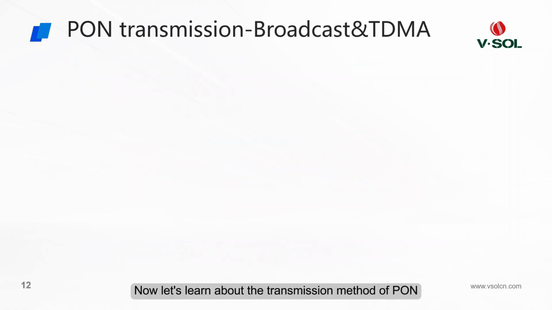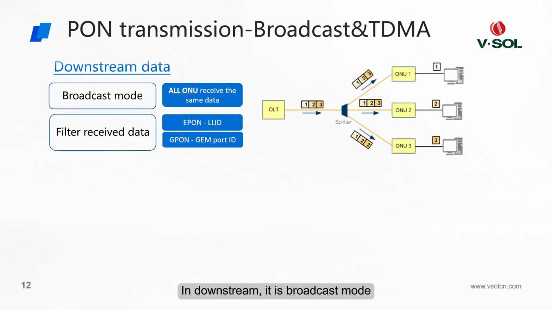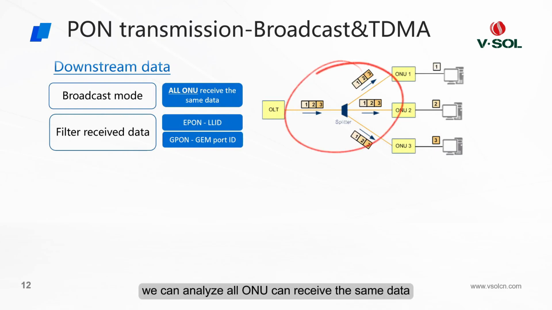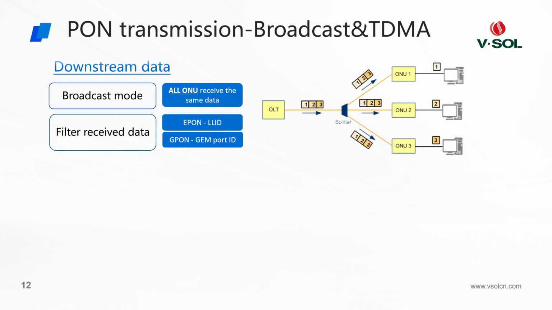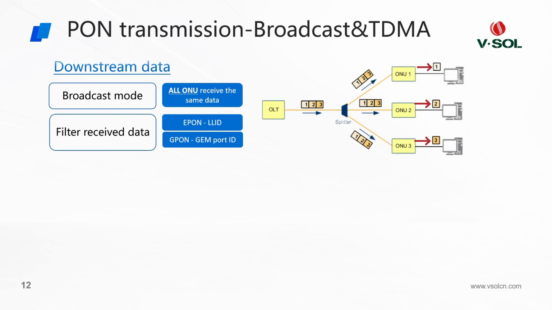Now let's learn about the transmission method of PON. In downstream, it is broadcast mode. Through the schematic diagram, we can analyze all ONUs can receive the same data. The data of different ONUs is distinguished through different identification methods. In EPON, it is LLID, in GPON, it is GEM-port ID.